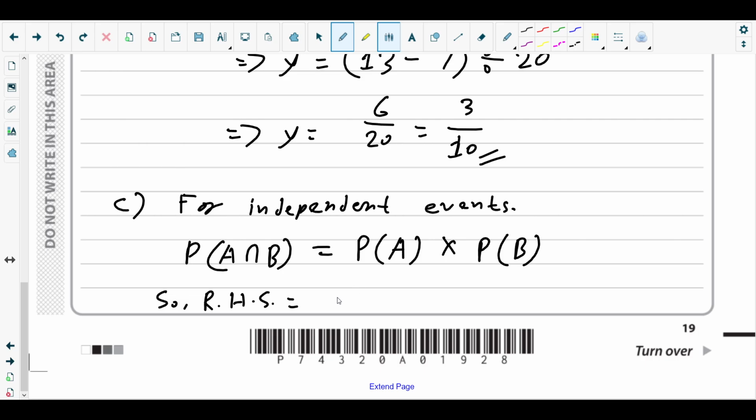Probability of A is x, so x is half, right? And probability of B is 3 over 10, which is 0.3. So this is 0.3 times half, which is basically 0.15.